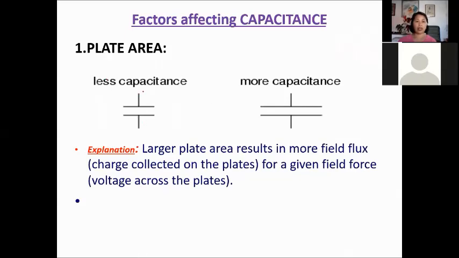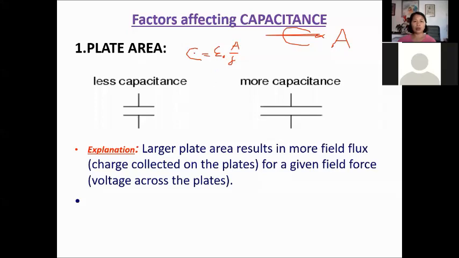Okay, so again, in the formula C is equal to epsilon naught, in terms of area, we have A over D. So notice that C depends directly on A. So if the area is big, that would give us big C. Directly proportional.